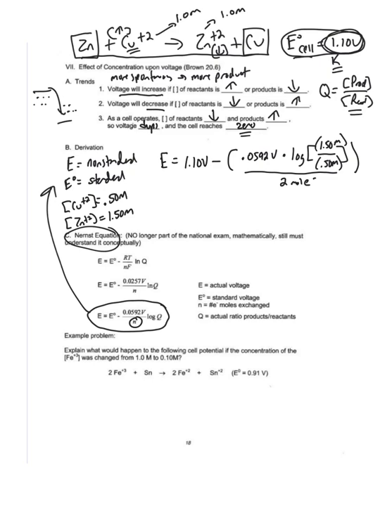So now if we punch that in and take the log of 1.5 divided by 0.5, or in essence the log of 3, times 0.0592 divided by 2, and then subtract from 1.10, we get a non-standard voltage now of 1.086 volts.